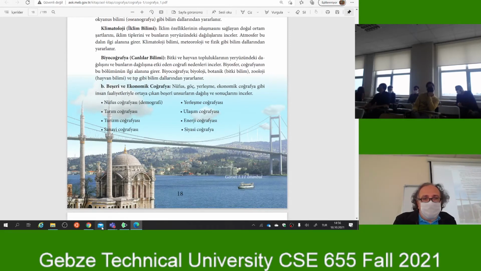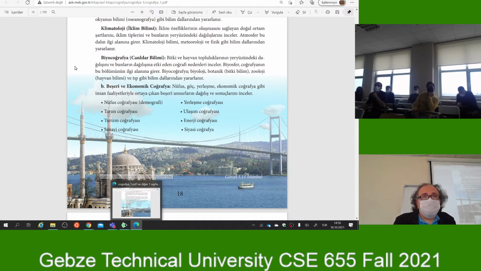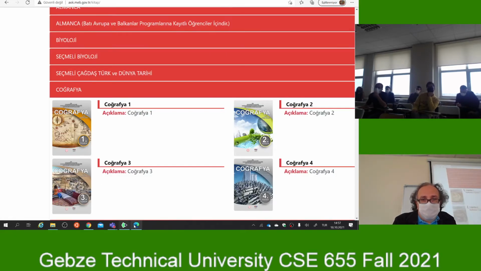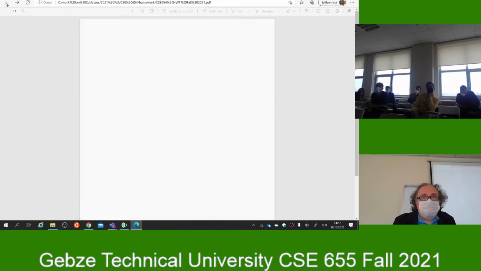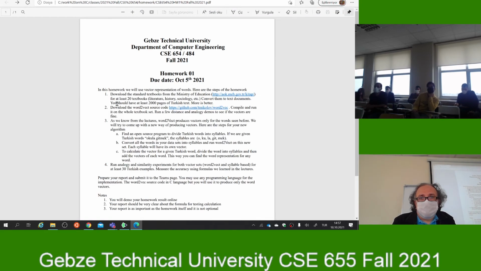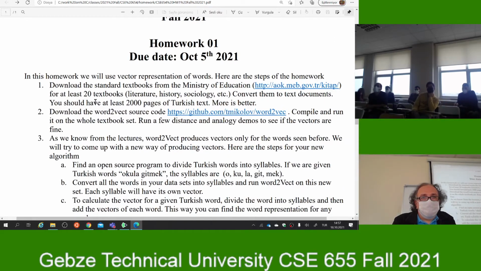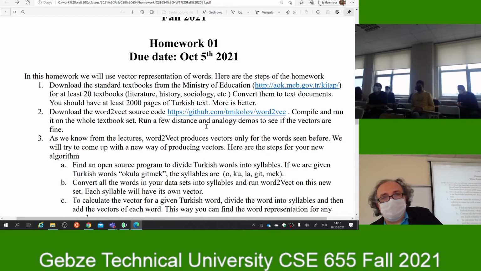So you get this first. You should have at least 2,000 pages of Turkish text. More is better, of course. And you download this Word2Vec source code from Mikolov's GitHub page.